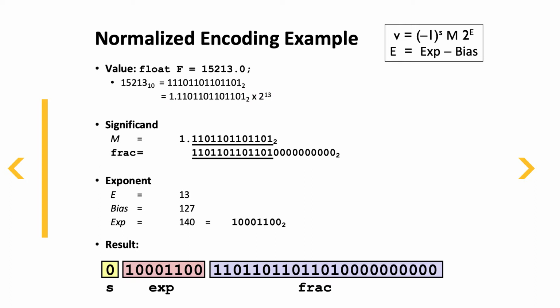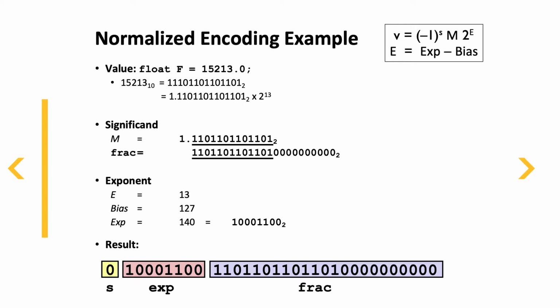Because remember, when we multiply by 2 to some exponent, all we do is move the binary point to the right that many places. So we can represent 15,213 as 1, then the binary point, then the rest of this, times 2 to the 13th.